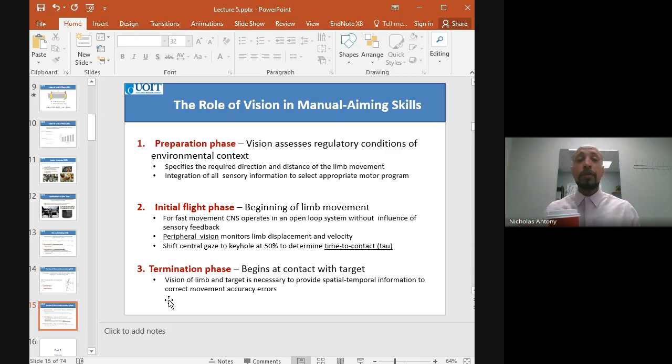So in a simple reaching and pointing task, this is what vision provides for us. Does that make sense? And I bring this up because there is central vision and peripheral vision, high definition and then movement feedback. But we're going to see that vision does this for all the different tasks we're going to look at next.